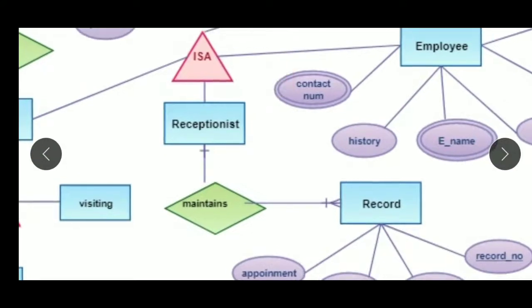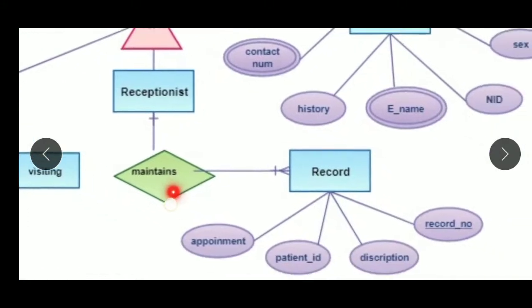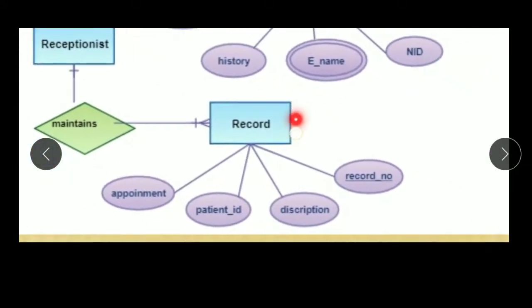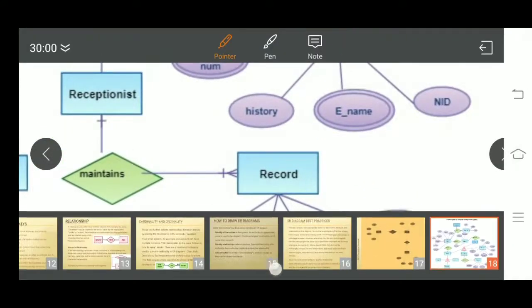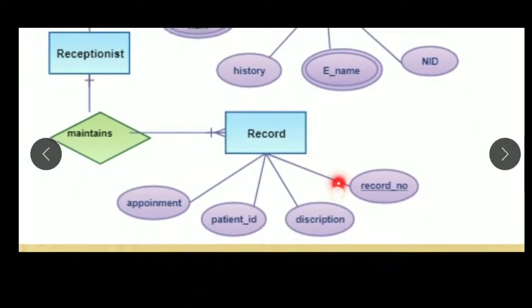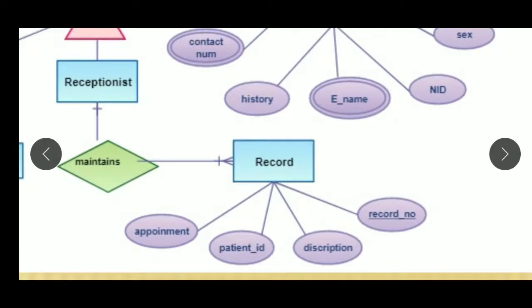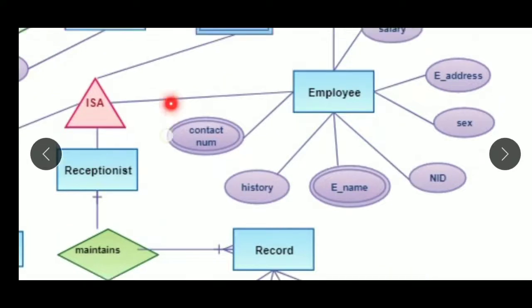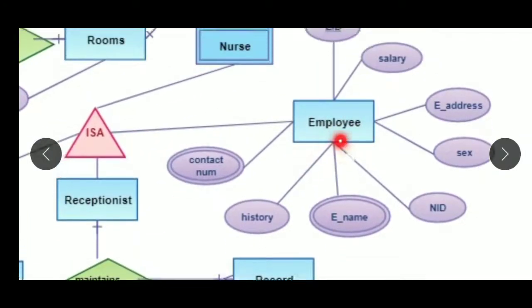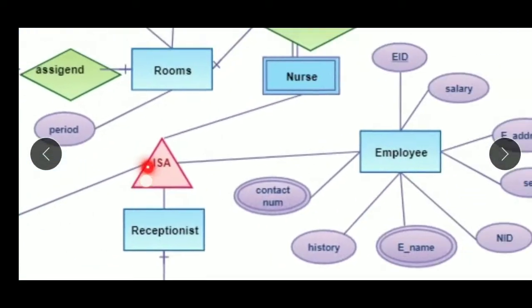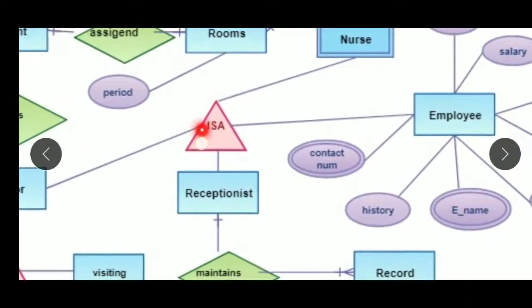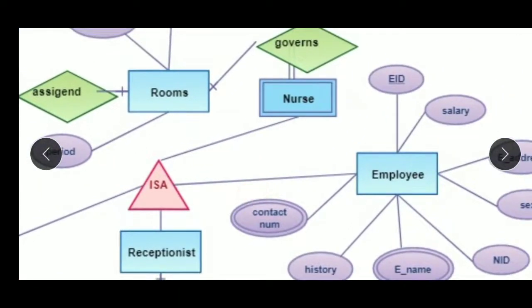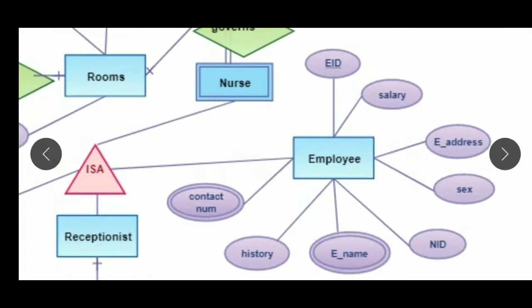Again, in a hospital there is another entity, that is a receptionist who maintains the record. Whose record? The appointment, patient ID, the description, the record number. So these are the attributes. Again, the receptionist is also an employee. So doctor is an employee, receptionist is an employee, nurse is an employee of the hospital.